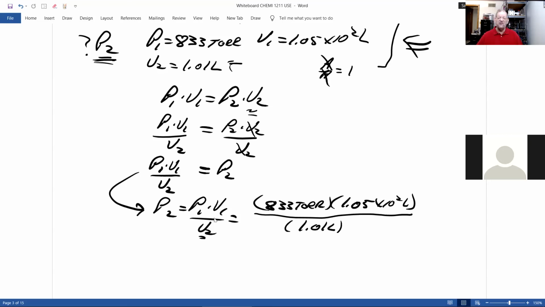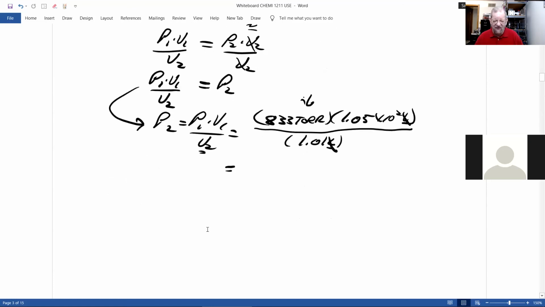And now if I look at this equation with the variables in there, I notice liters divided by liters cancel out because anything divided by itself is number 1. And what am I left with? Torr, which is a unit of pressure.